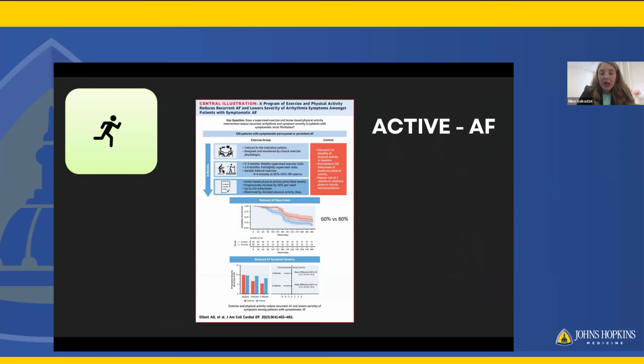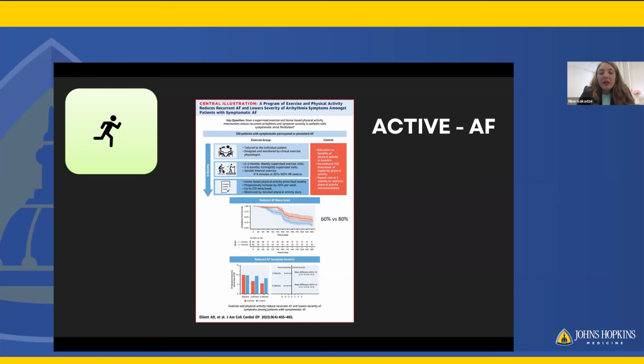It was initially supervised, and then patients could do some of the sessions on their own, 210 minutes of exercise per week, to see whether this was associated with better outcomes for atrial fibrillation compared to the group that didn't perform any structured exercise.